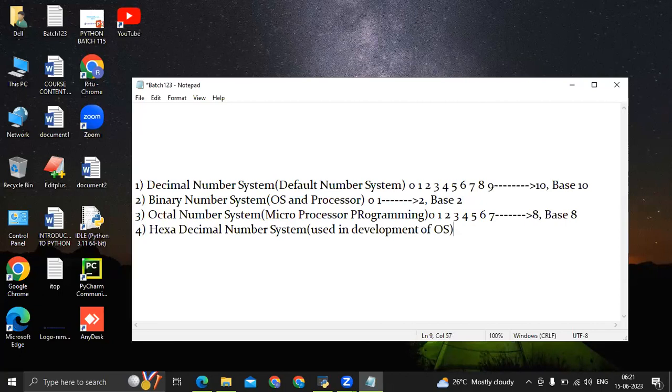It contains the digits 0, 1, 2, 3, 4, 5, 6, 7, 8, and 9. After that, it has A, which will be considered as 10.